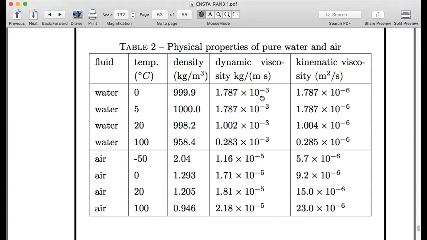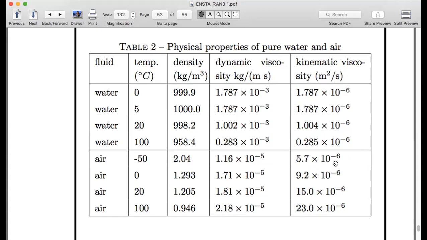Because water is 1,000 times denser, or almost 1,000 times denser, when you divide by the rho to get the kinematic viscosity. So here's the kinematic viscosity in this final column here. It's something times 10 to the minus 6 meters squared per second.